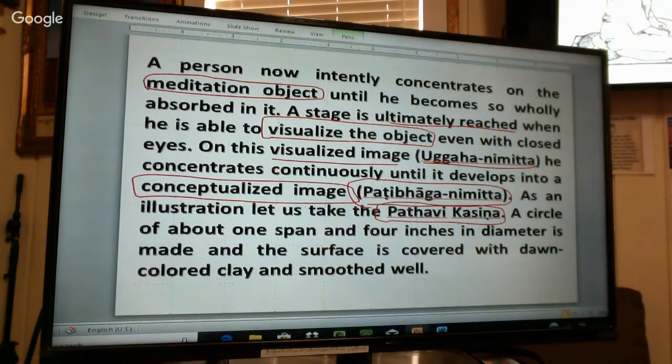After that, with Patibhaga nimitta, the fingerprints disappear, and very clearly, like a 3D image, it appears in your mind. That kind of object we call Patibhaga nimitta.